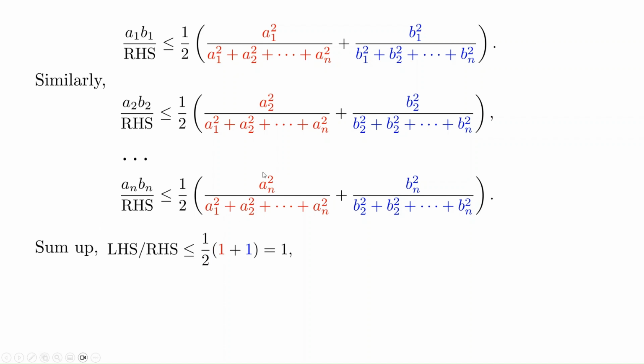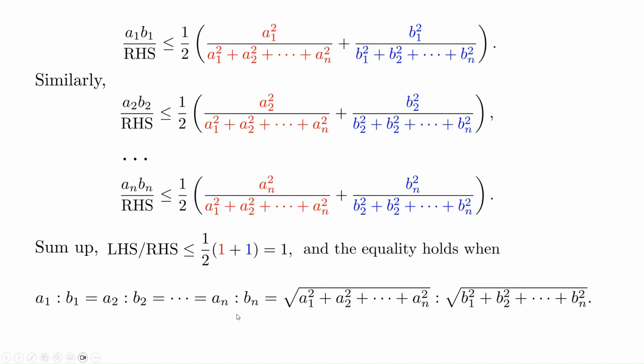We can see all the red expressions sum up to 1 and all the blue expressions sum up to 1 as well. And the inequality is proved. The equality holds when a1, a2 to an and b1, b2 to bn are proportional and they are all positive.